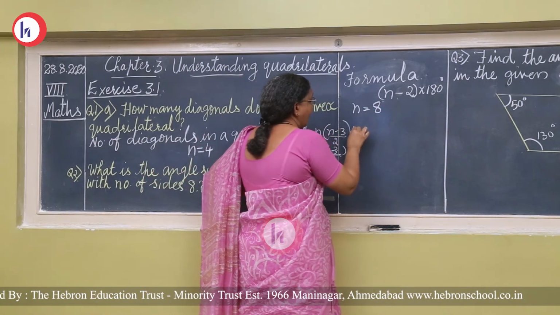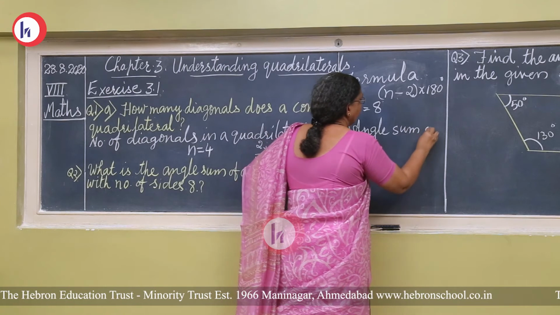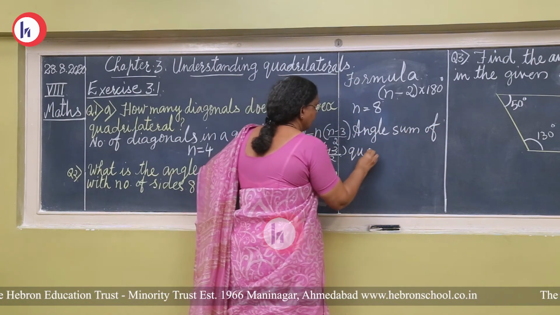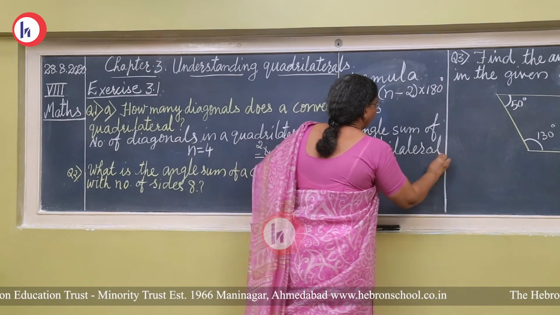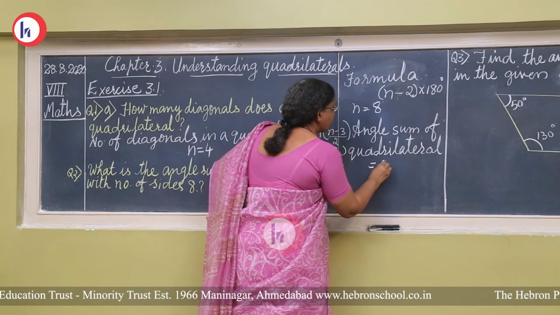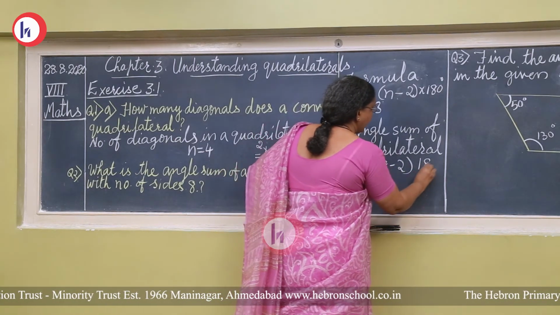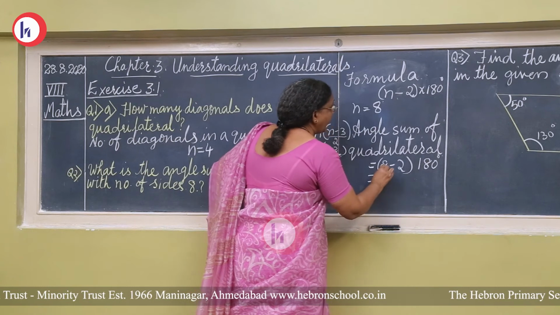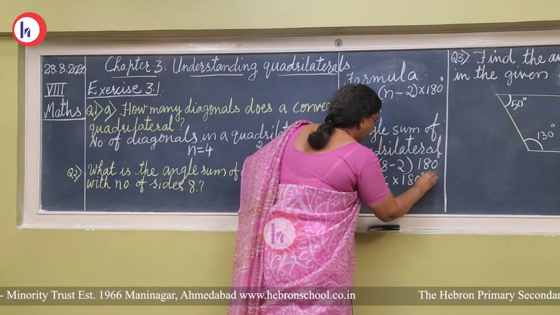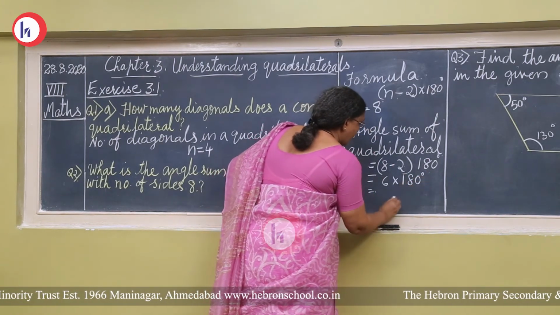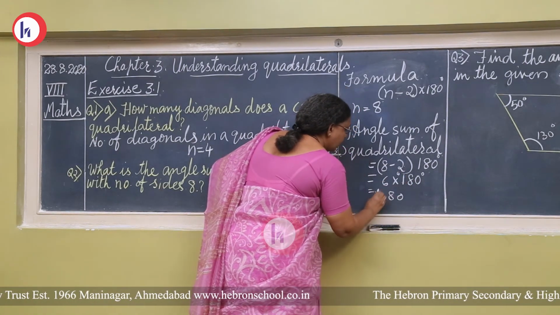So using the formula we have to find the angle sum of the polygon, which is equal to, substitute the value of n, that is 8. 8 minus 2 multiplied by 180 degree is equal to 8 minus 2, that is 6, 6 multiplied by 180 degree, that is equal to 6 zeros are 0, 6 eights are 48, 4 carry, 1 6 are 6 plus 4, 10.